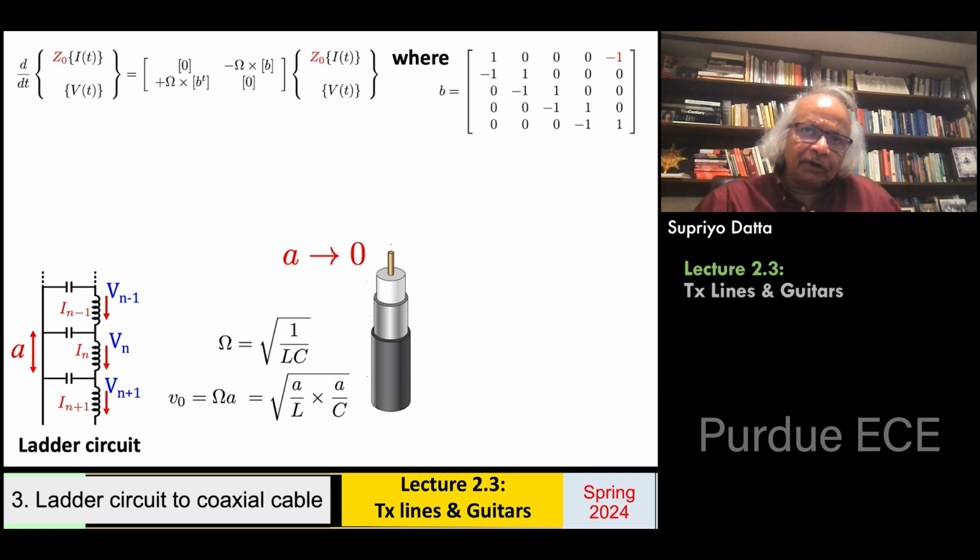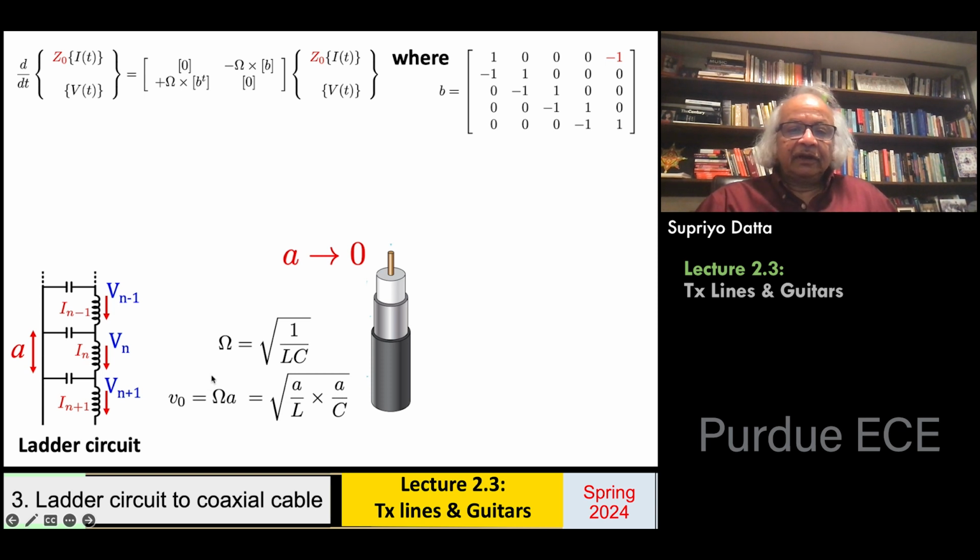Now, what we want to do in this lecture is to go to the continuous limit of this, where the length of a section, a, goes to 0, so becomes smaller and smaller, but the inductance per unit length and the capacitance per unit length stay fixed.